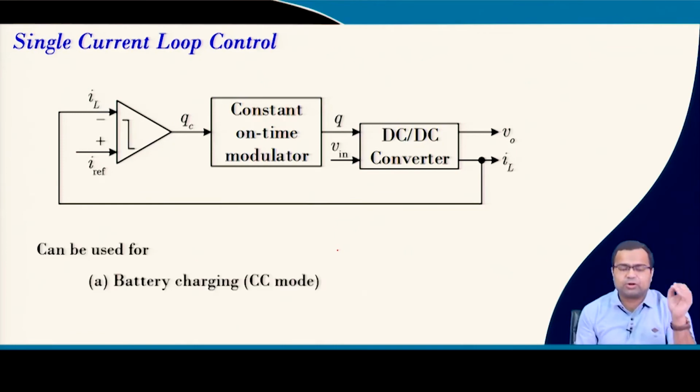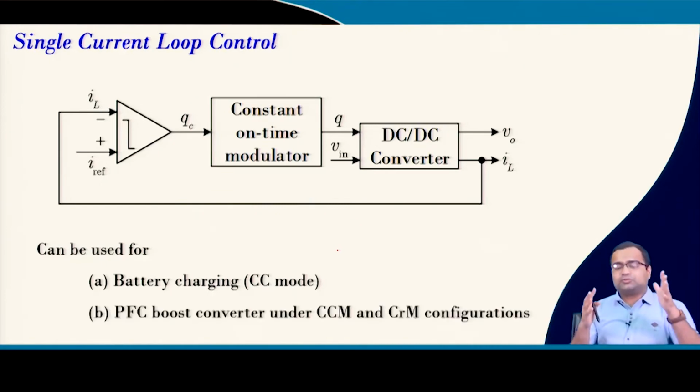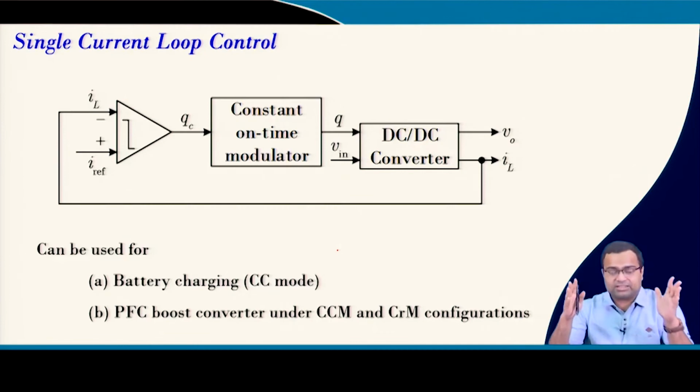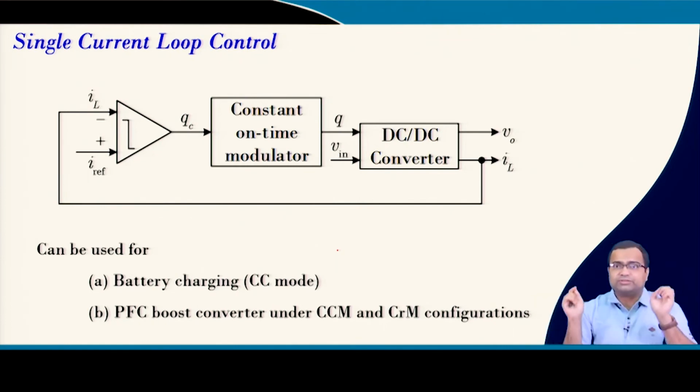It can be used for battery charging, for constant current mode, and it is very much used for a boost converter in critical conduction mode in PFC, for power factor correction. If you use critical conduction mode, the constant on time modulator can perfectly track the current and you can achieve close to unity power factor, but with a variable switching frequency.